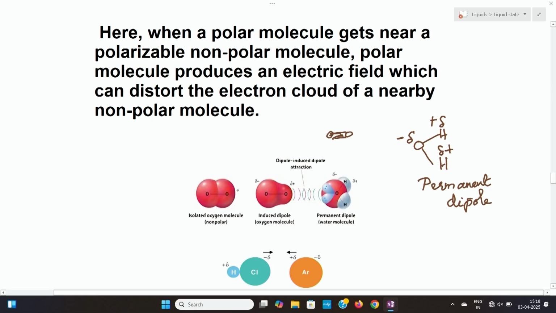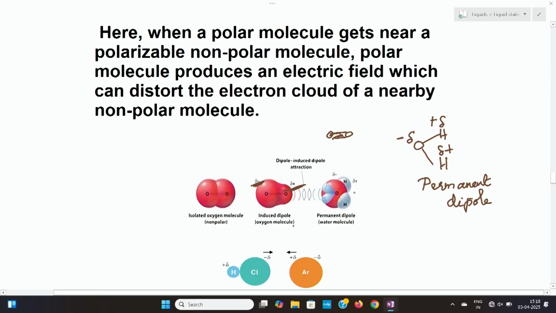It is getting a separation of charges. Here this oxygen is getting partial negative charge, and here this oxygen is getting partial positive charge. That means this isolated oxygen molecule is now polar, or it is getting a dipole. That dipole is called an induced dipole. That means this dipole is induced by the water molecule.